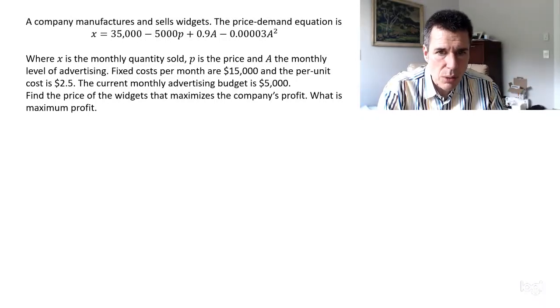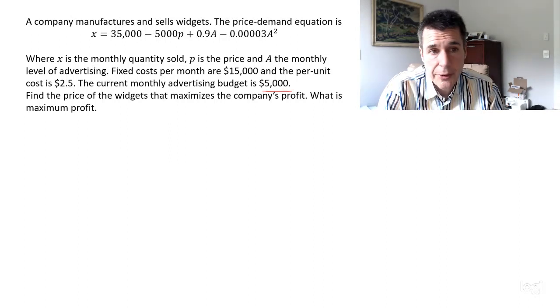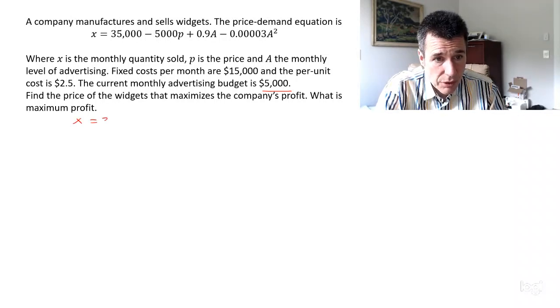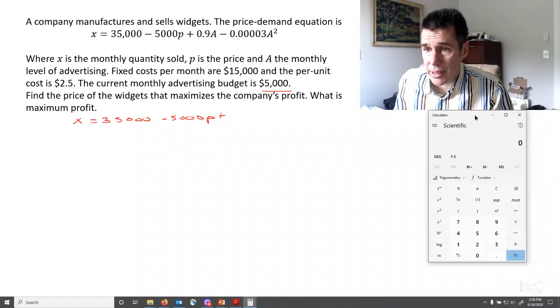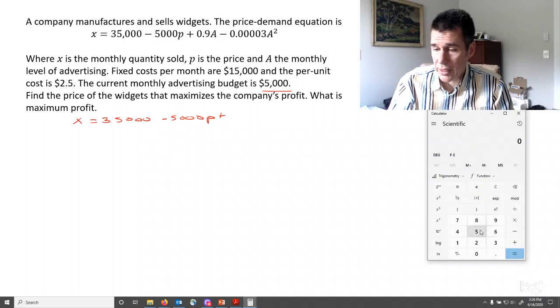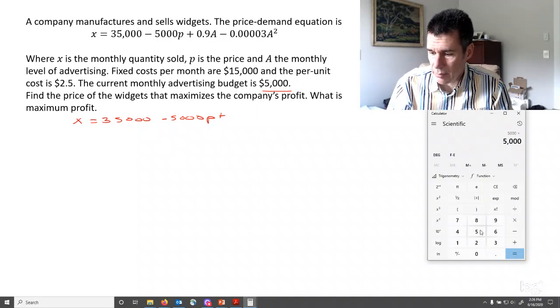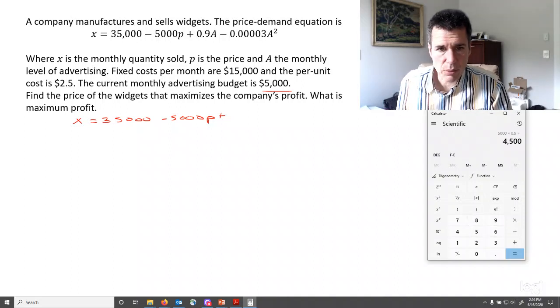Now we know in this example that the advertising budget is $5,000. So the reality is it doesn't matter. If we take X equals 35,000 minus 5,000p, we simply have to add 5,000 times 0.9. So I'm going to grab a calculator and figure this out. 5,000 times 0.9 is $4,500.